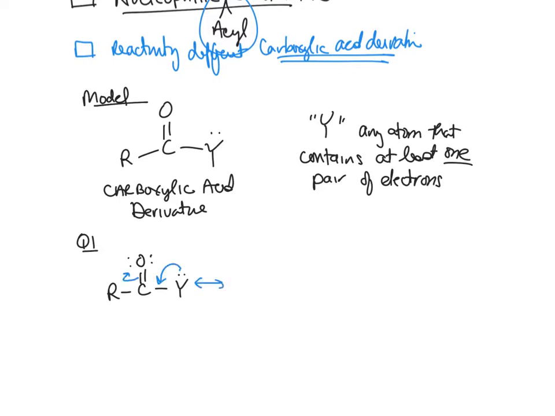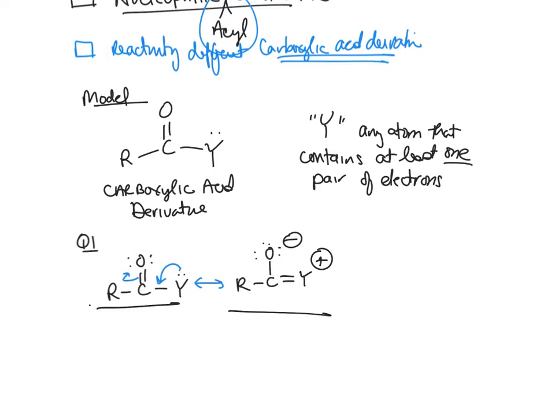There's your resonance. That gives carbon, no, not a positive here, because it has a double bond. The positive is going to be on the Y, because you have a neutral species here. You have to have neutral here.